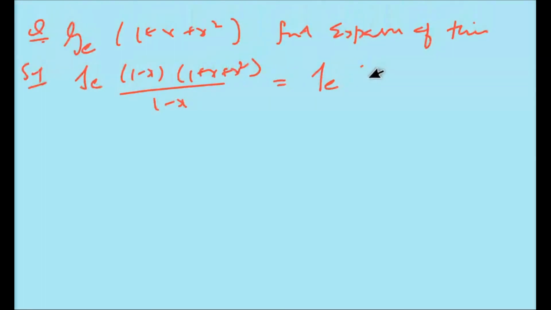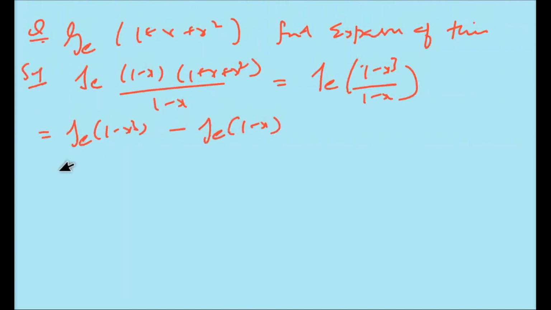Okay, so students, we can write here 1 minus x cube upon 1 minus x. Again, in short, we can write here log e base 1 minus x cube minus log e 1 minus x.